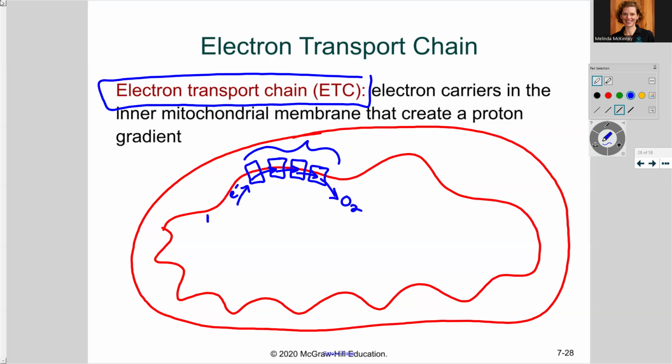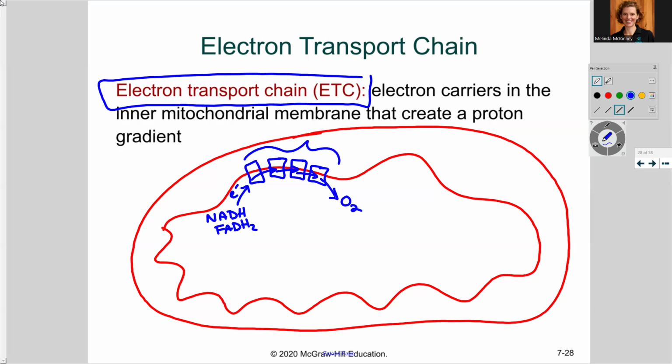The electrons are coming from the electron carriers NADH and FADH2. So these were made in the previous steps of cellular respiration. All of the energy from those carbon-based molecules was pulled off and brought here, at least a lot of it. And why are we doing this, right?